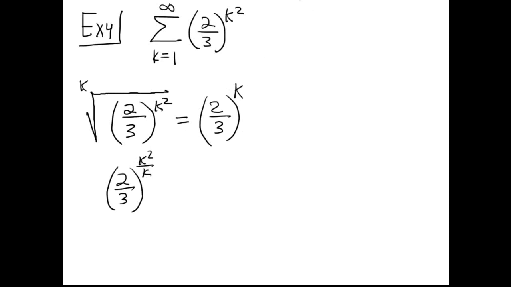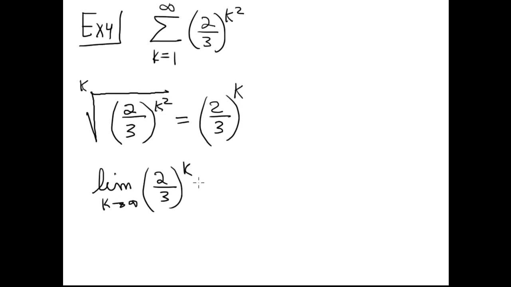Now finally you apply the limit as k approaches infinity of 2 over 3 raised to the k power. This is 2/3 to the infinity. It's obvious that it's 0, because this number is less than 1, and when you raise it to the infinity power, the answer approaches 0. So the conclusion is this series converges by the root test. Good.